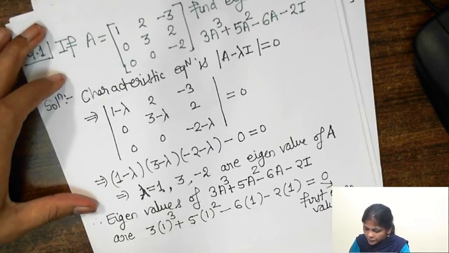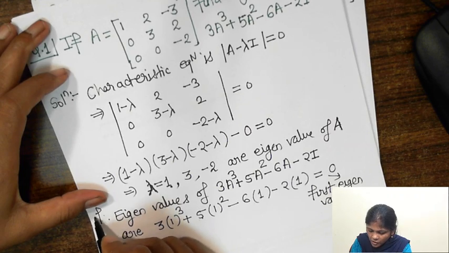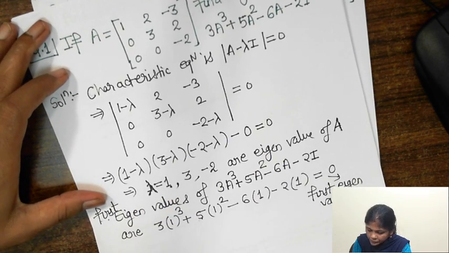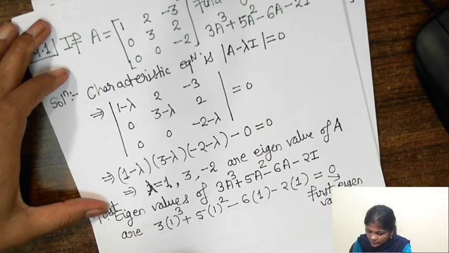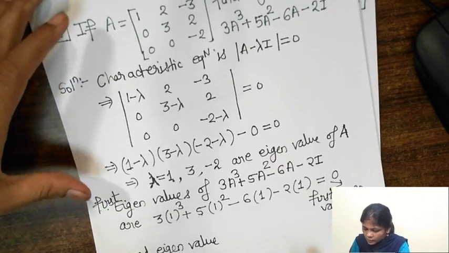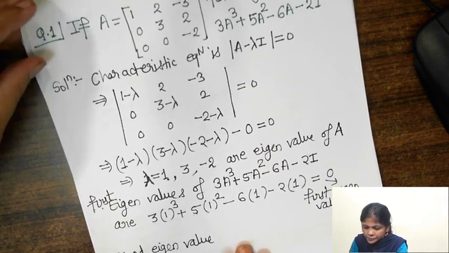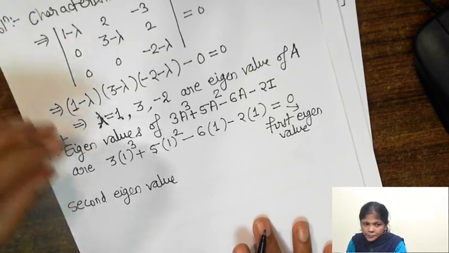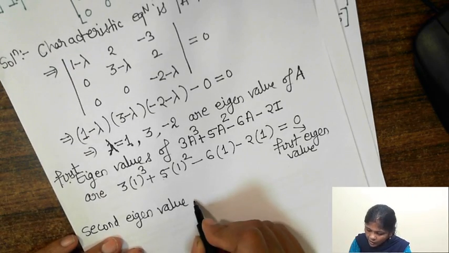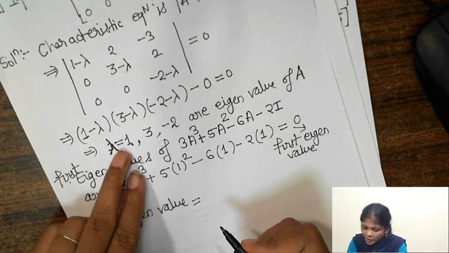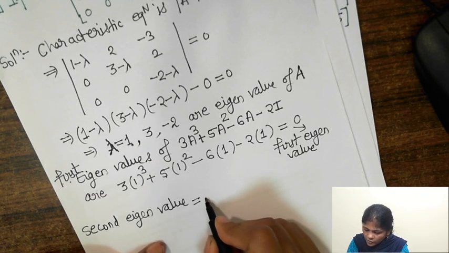Now the second eigenvalue. I will take lambda as 3 over here, right?